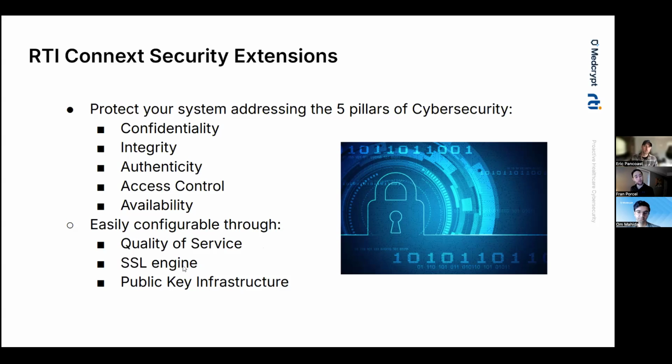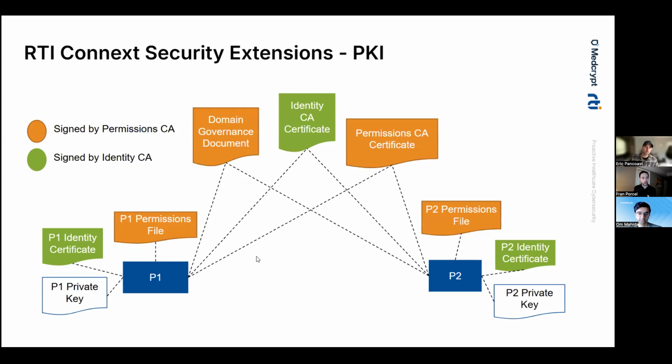Let me focus a bit more on that public key infrastructure. This is what a Connext secure system looks like with all the different components that are part of it. We have here P1 and P2, which are basically 2 domain participants, that is 2 different applications in the system. And without cybersecurity in the picture, we would only have these 2 blue boxes, just the 2 participants of the communication communicating with each other.